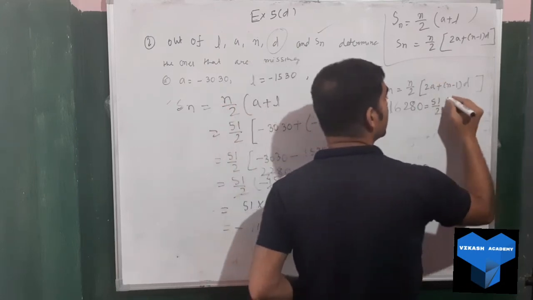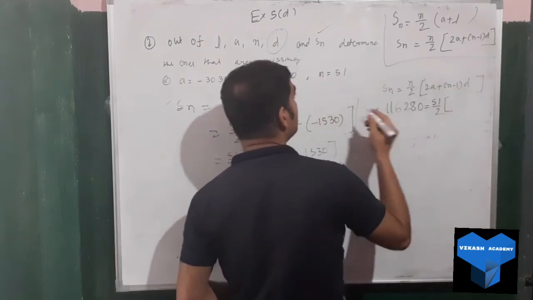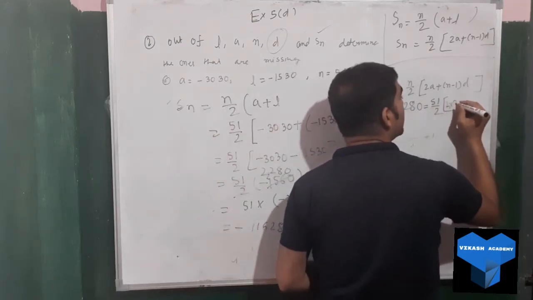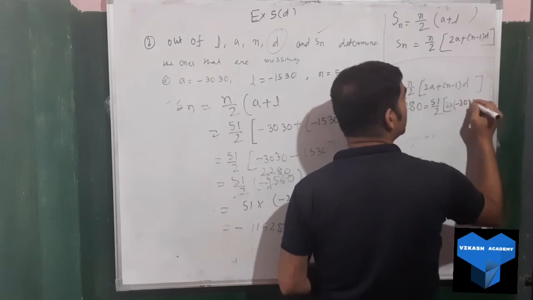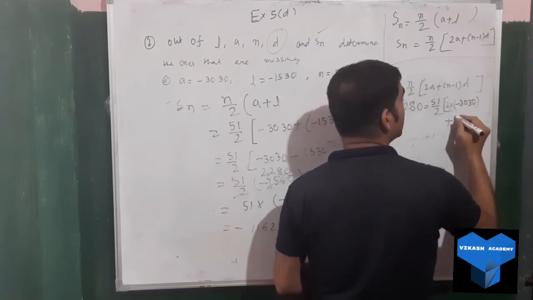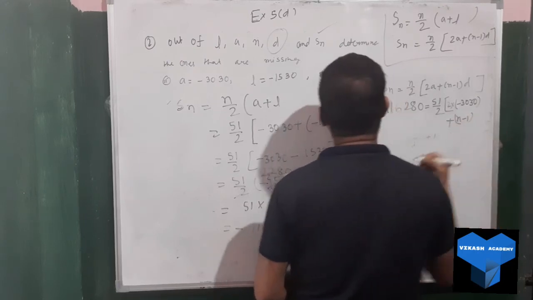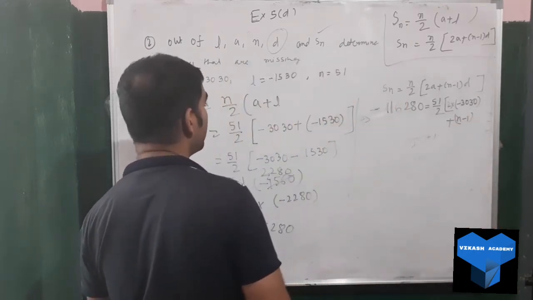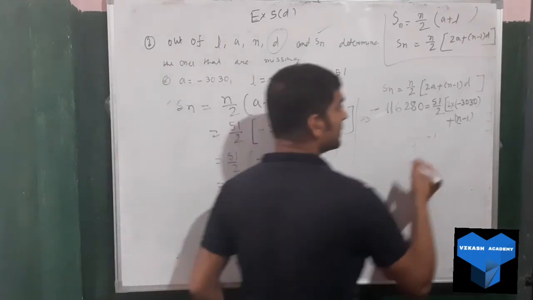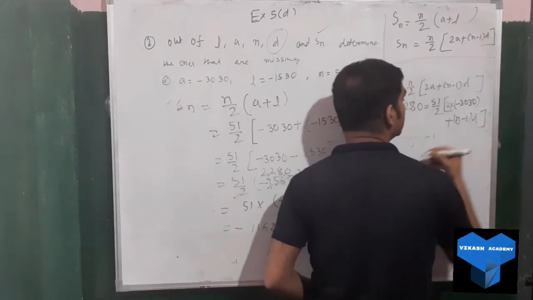Then 2a will be 2 into 3, so we write minus 3030. Then plus n minus 1 times d. We need to find out d, so we put d itself and close the bracket.